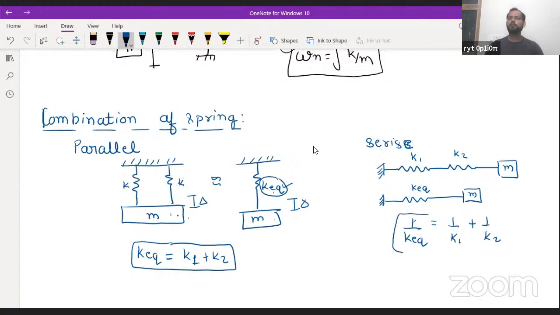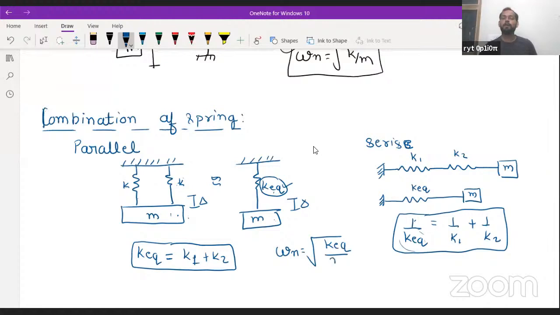You have already derived this formula in strength of material, so I am not dealing with it in detail. When you get K equivalent, you can easily calculate the natural frequency, because this is now a single spring mass system. The natural frequency of such a system is given by root of K equivalent over mass. Fine. Is it clear to you, or is there any doubt?